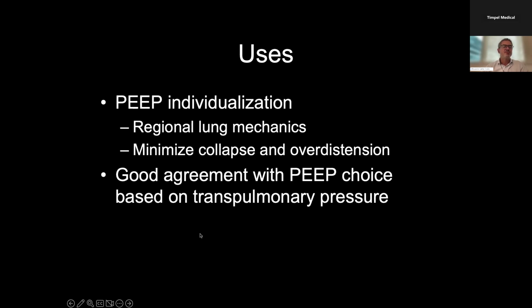So, messages to have in mind: you can individualize PEEP. One way you can do that is by looking at regional lung mechanics and acknowledging that the lungs can be very heterogeneous. You can minimize both collapse and overdistension by choosing PEEP levels at the crossing point. And there is good agreement between this PEEP choice at the crossing point and that based on pulmonary pressure using the more invasive esophageal catheter.